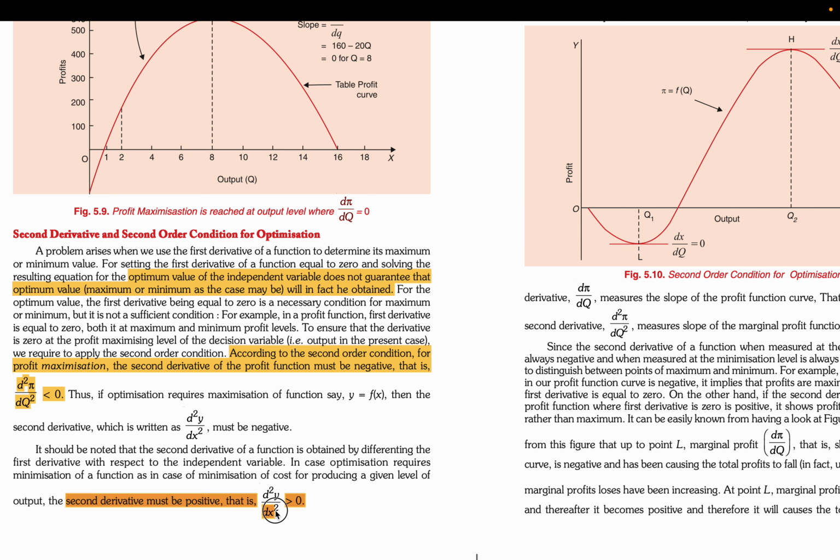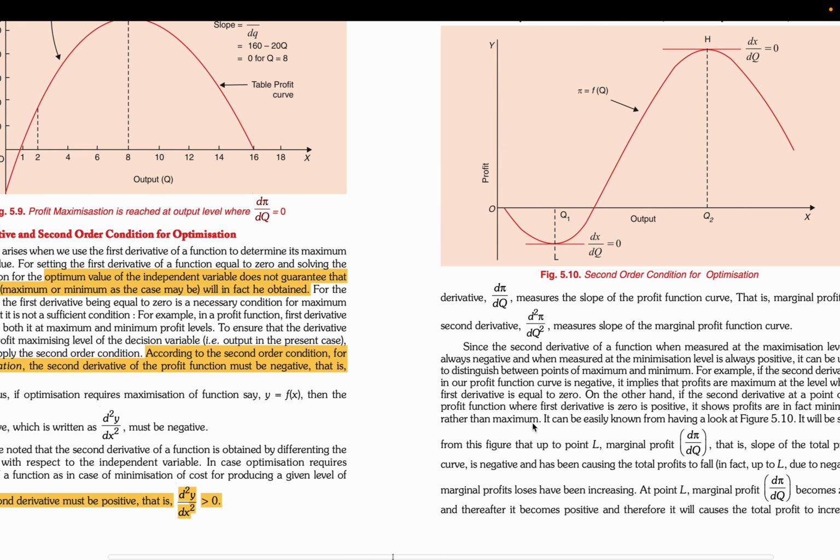So if you want to solve the minimization problem for cost, you need to bring the second derivative greater than 0.